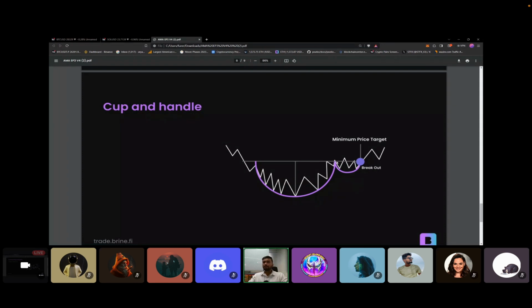Finally, when this rounding bottom is over, we will again get a tight consolidation. Once I get a breakout of this tight consolidation, that is when I will take my buy order. I will place my trade. I will keep my stop loss right below the low, and my minimum target for this trade will be 50% of this, and my next target will be 100% of this.